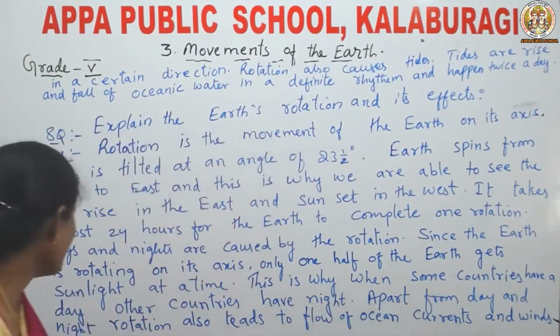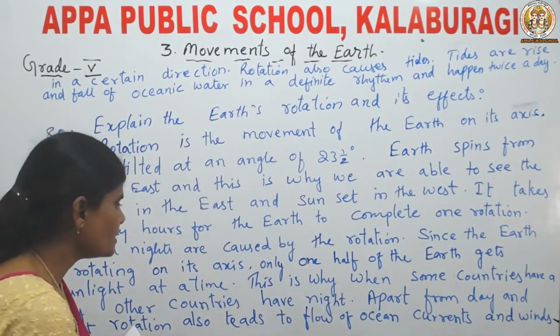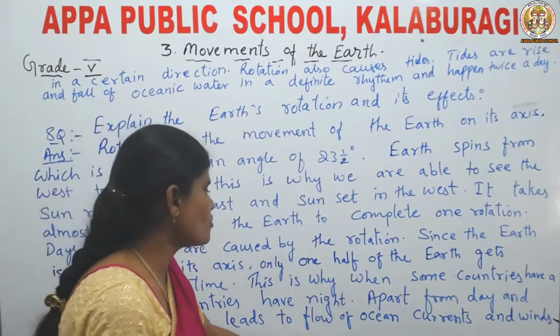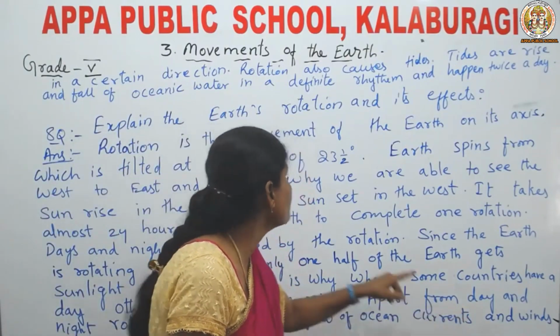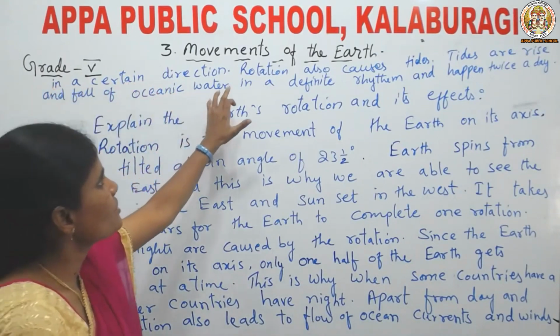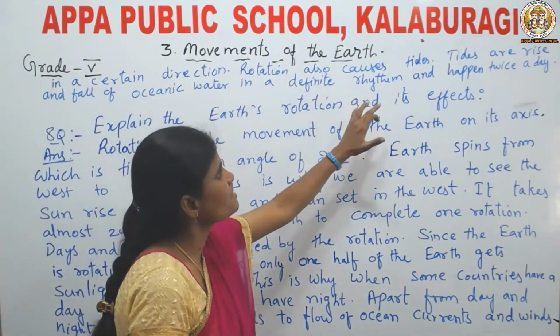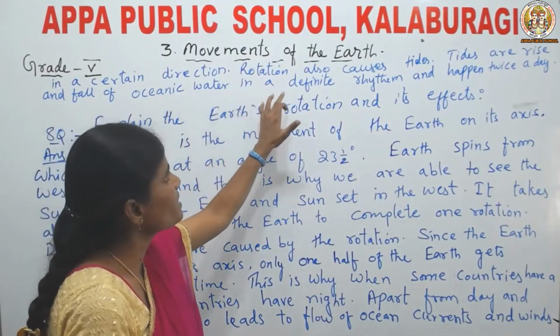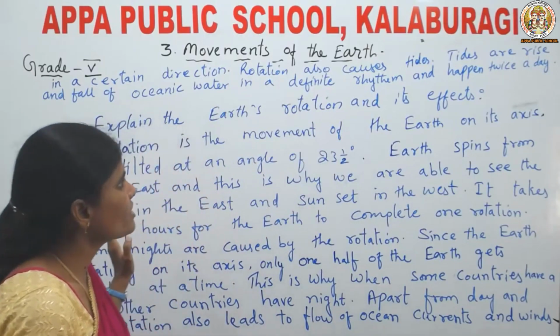Apart from day and night, rotation also leads to flow of ocean currents and winds in a certain direction. Rotation also causes tides. Tides are the rise and fall of oceanic water in a definite rhythm and happen twice a day.